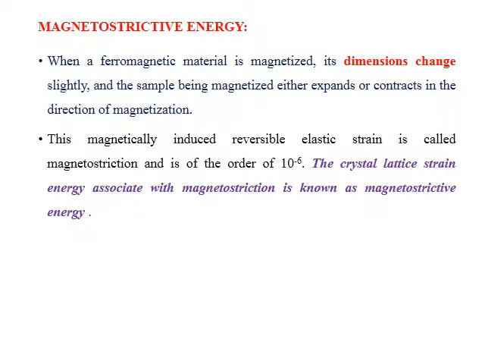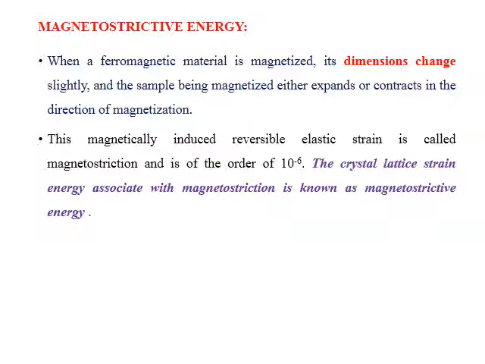Next is the magnetostrictive energy. This is the energy understood in materials where we observe a dimension change. In ferromagnetic materials, when the sample is magnetized, its dimensions change slightly, and the sample either expands or contracts in the direction of magnetization.